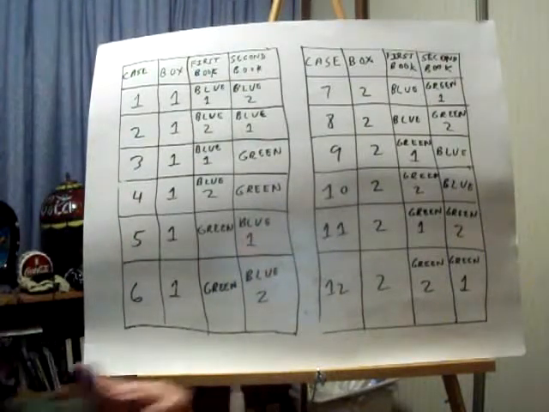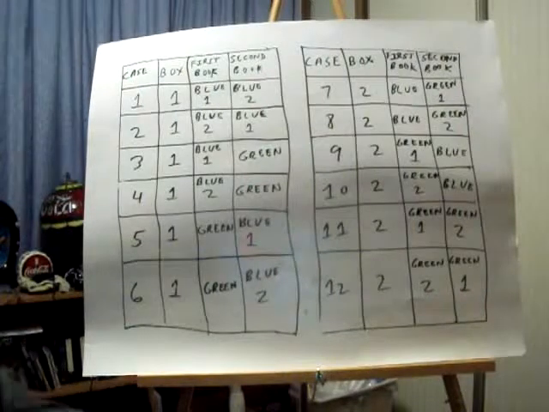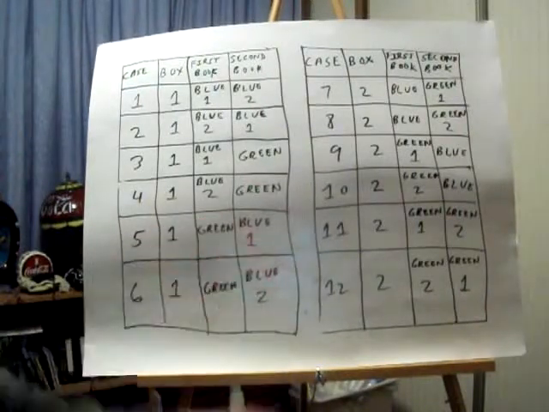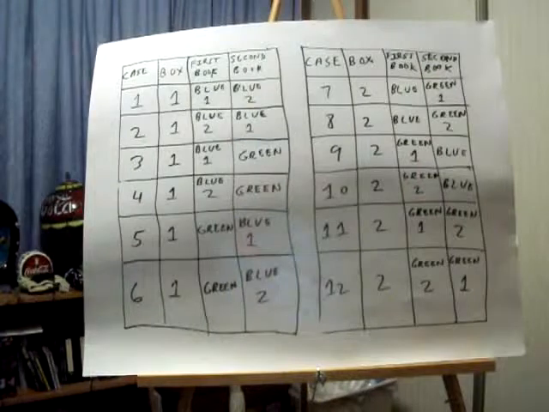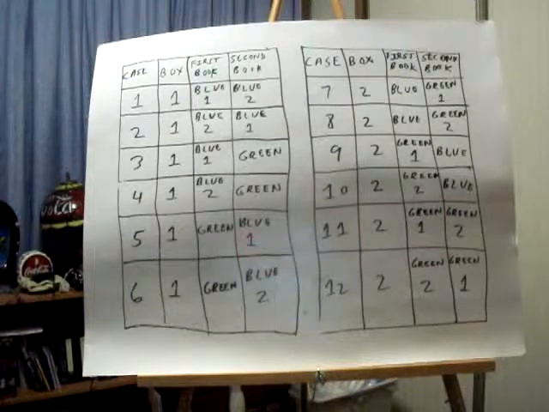Now you've drawn out the blue book that has the number 2 on it, then you drew out the green book. Case number 5. Now you've drawn out the green book, and then you drew out the blue book with the number 1 on it. In case number 6, you drew out the green book, then you drew out the blue book with the number 2 on it. You see how it gets a little more complicated?